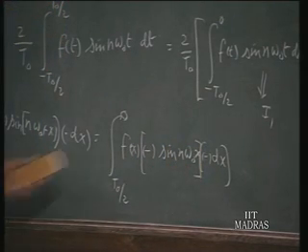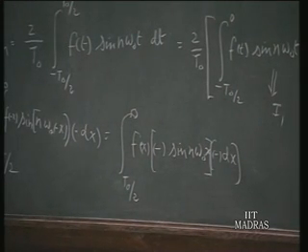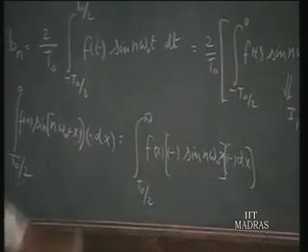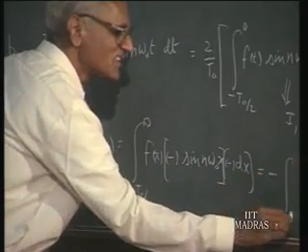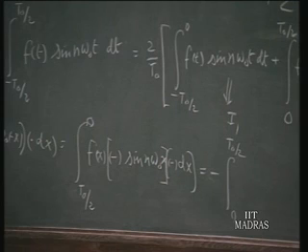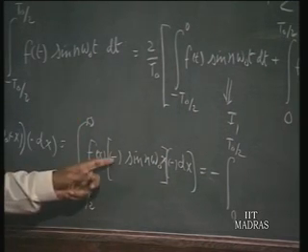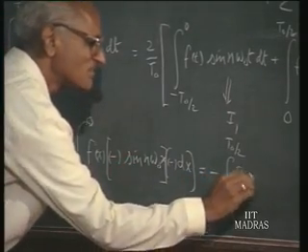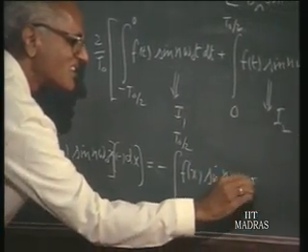Now you see this negative sign and this negative sign can be cancelled, and if I interchange limits of integration, then I will get another negative sign. Therefore ultimately this will be minus of 0 to t naught upon 2 of f of x sin n omega naught x dx.